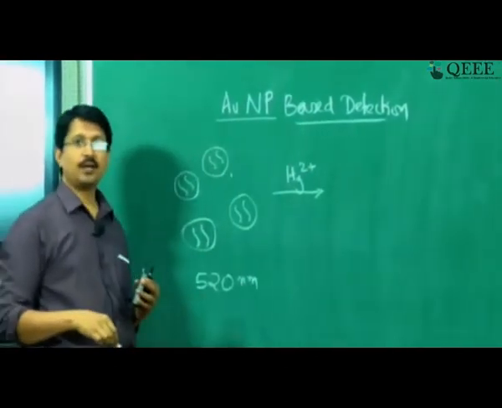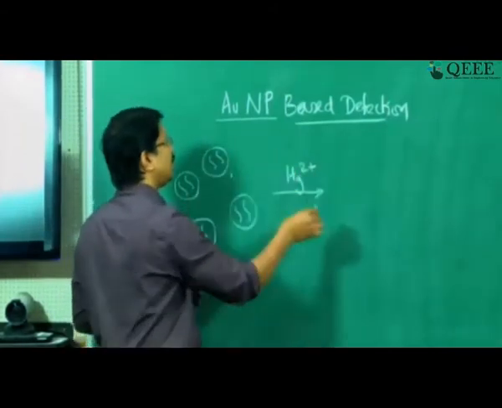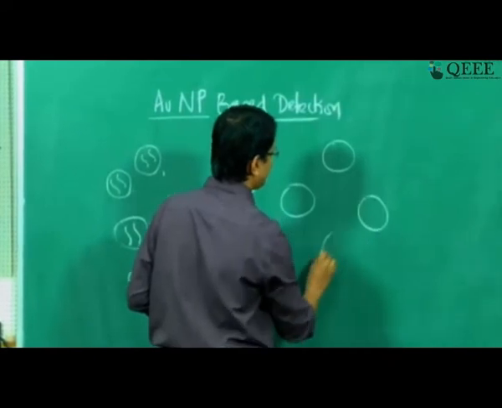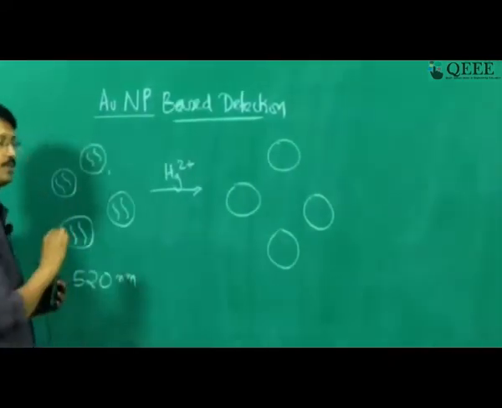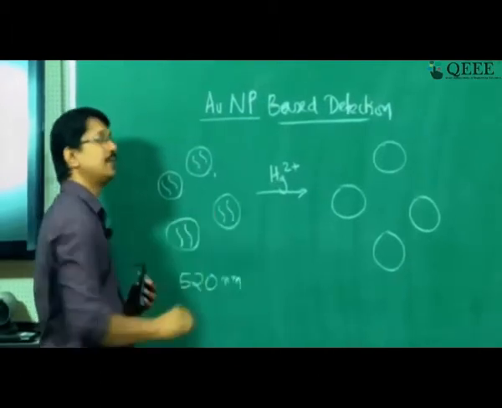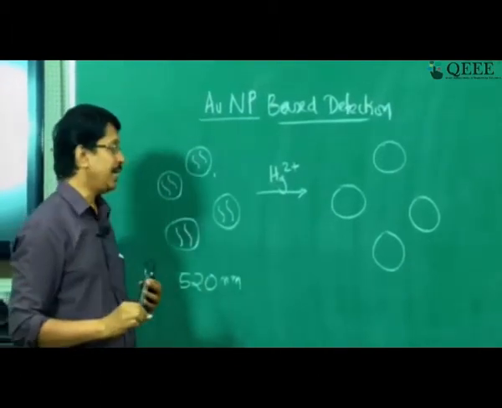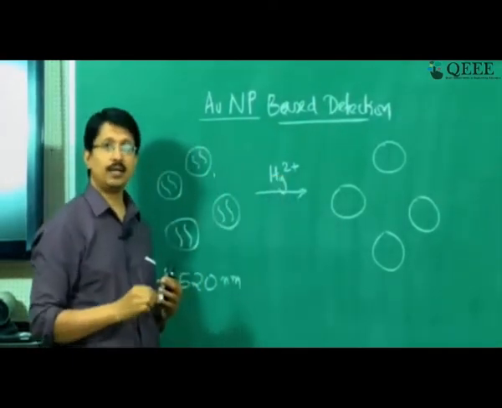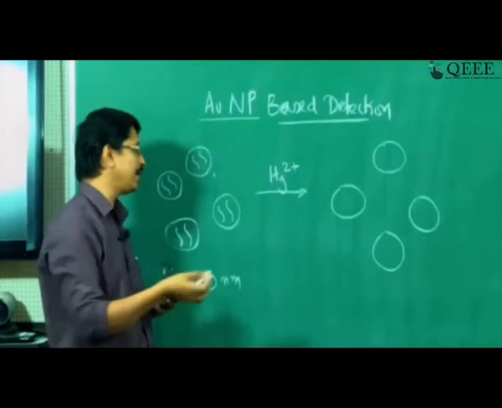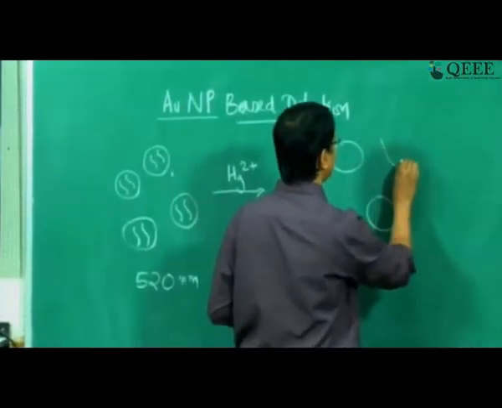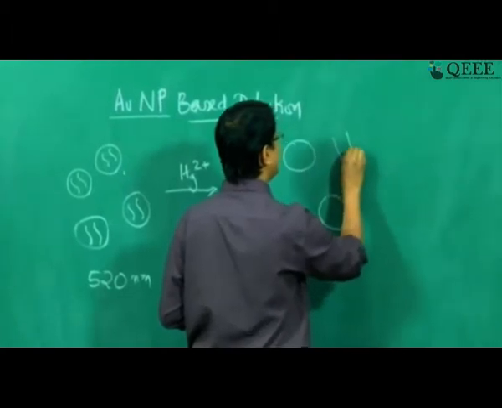Now suppose you are adding mercury ions. Mercury ions also start interacting with the gold nanoparticle or on the surface. Now the surface of the gold nanoparticle already has this single strand DNA, and because mercury can interact with this particular single strand DNA much better than the gold nanoparticle, what happens is that the single strand DNA becomes double strand through the interaction of mercury.